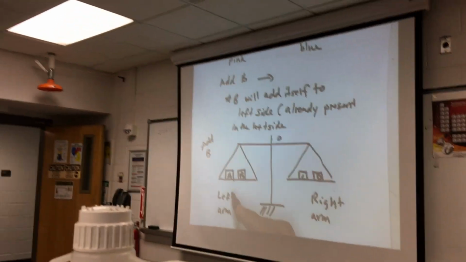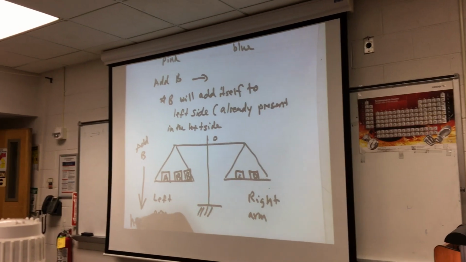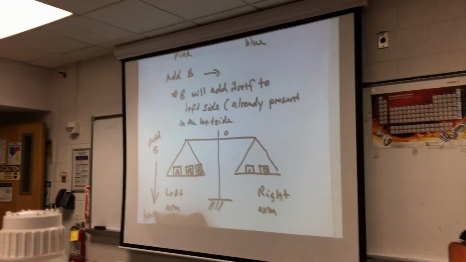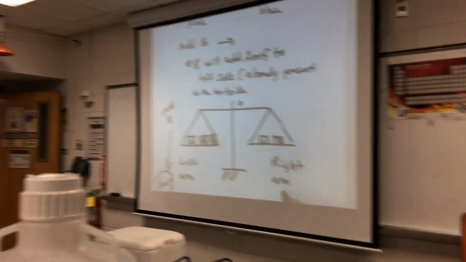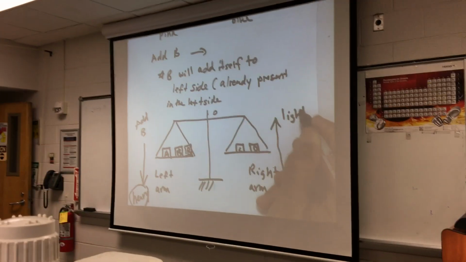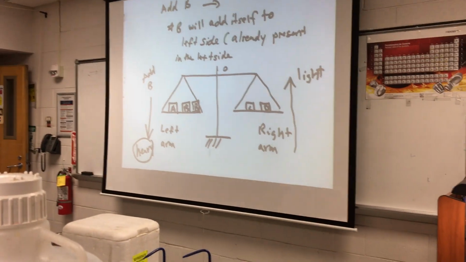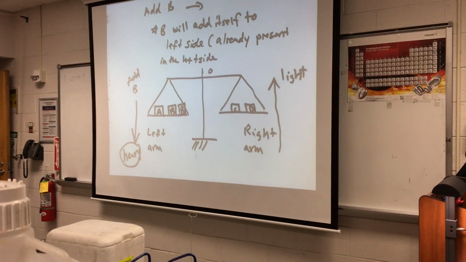Add B, B will add itself where? Another B, correct? So this arm will be what? Heavy, correct? This one will be what? Light. Everybody following?